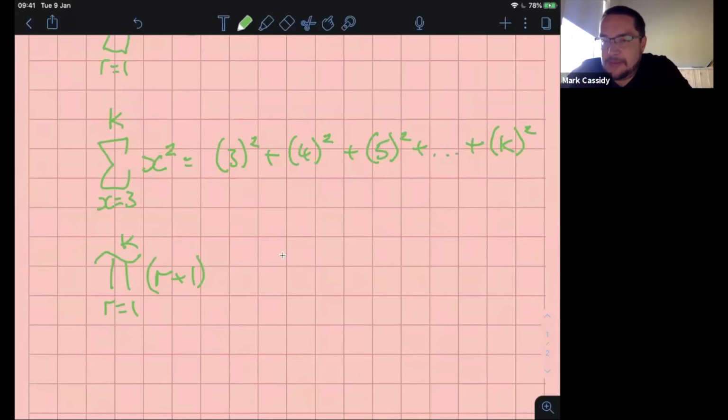So if the big sigma symbol means add, Alex, have you seen the big pi symbol before? No? It just means multiply. So that would be 1 plus 1 multiplied by 2 plus 1 multiplied by 3 plus 1, and so on, all the way up to k plus 1.